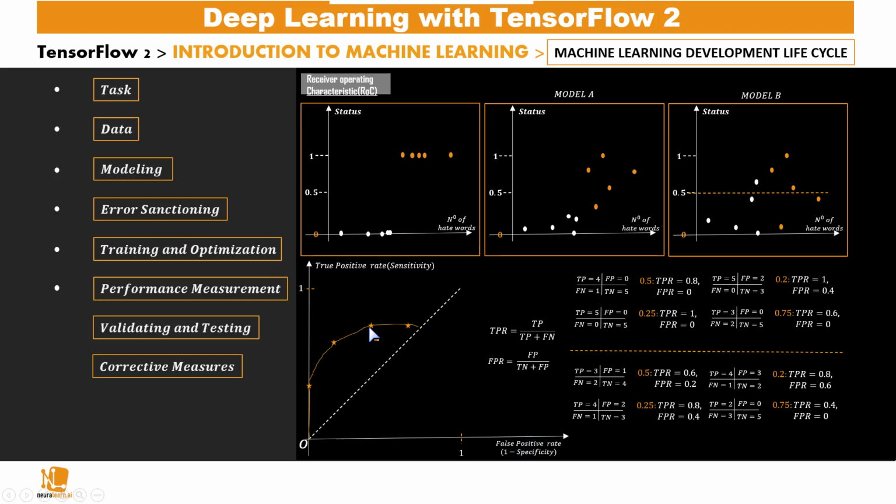So if we compare these two points right here, which have a true positive rate of 0.8, you would see that the false positive rate is minimized at this point right here. So we would prefer to work with this threshold right here, which turns out to be 0.25, instead of just a default threshold of 0.5.